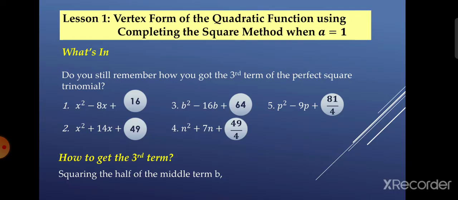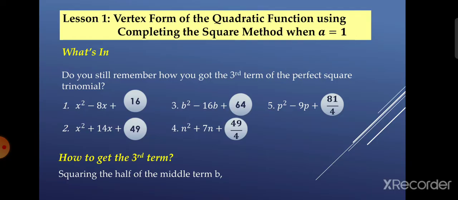Sa each given, 1, 2, 3, 4, 5, 2 terms ra, missing ang third term niya. It is preceded by plus, so meaning naay nagsunod nga number. So ang 16, 49, 64, 49 over 4 og 81 over 4, makuha siya pinaagi sa squaring the half of the middle term.